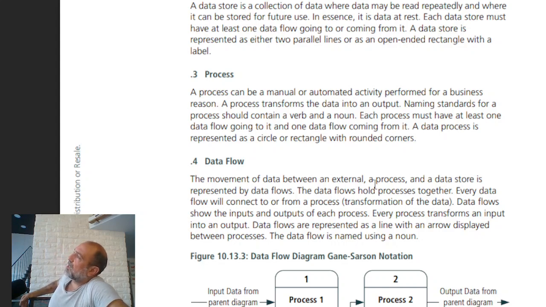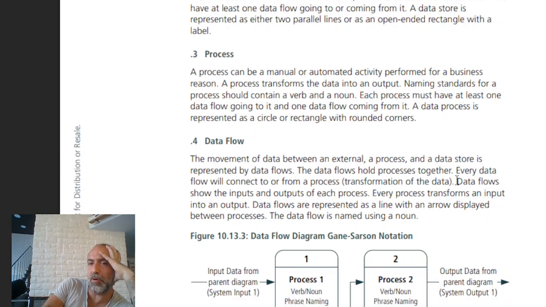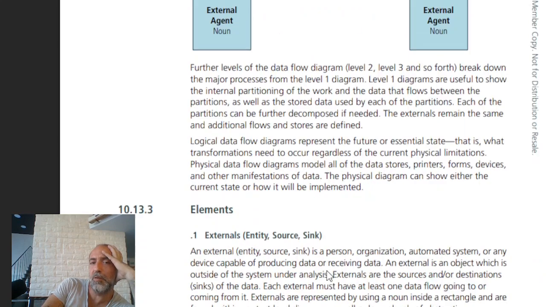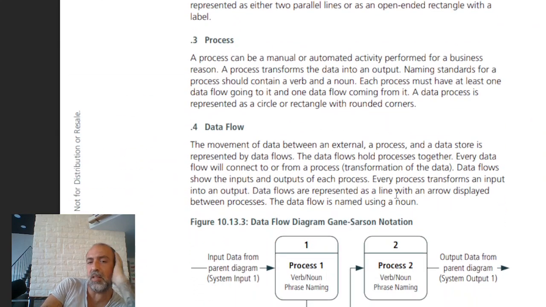So a process is represented as a circle or rectangle with rounded corners. Oh, okay, so this is a circle, but a rectangle with rounded corners, basically. Rectangle, not square.